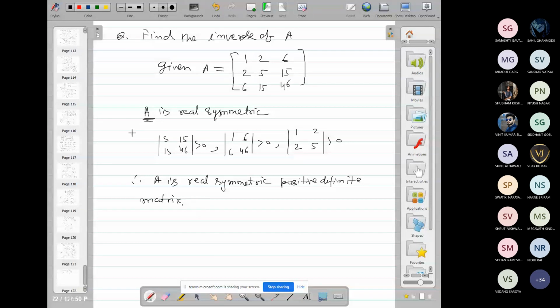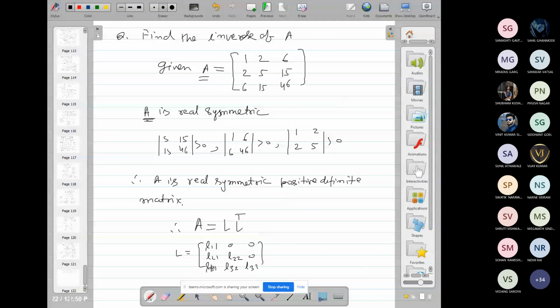Then we can write, therefore we have A equal to L L transpose, and taking L is equal to this: L11, 0, 0; L21, L22, 0; L31, L32, L33. So here write this and solve.